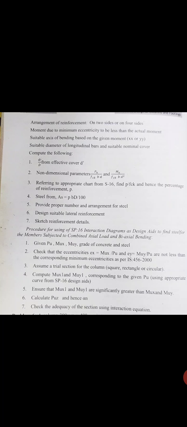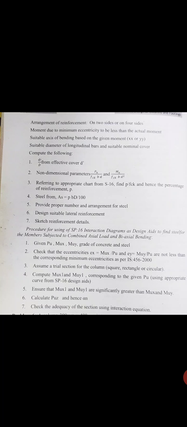The procedure for using the SP16 interaction diagrams as design aids to find the steel bars in members subjected to combined axial load and biaxial bending: given Pu, Mux, Muy, and grades of concrete and steel, check that the eccentricities ex equals Mux divided by Pu and ey equals Muy divided by Pu are not less than the corresponding minimum eccentricity as per IS 456-2000.